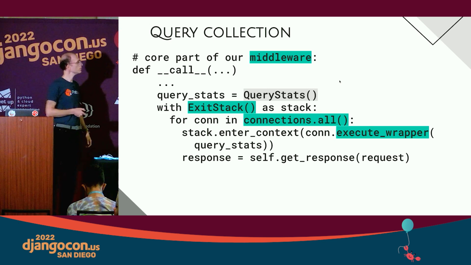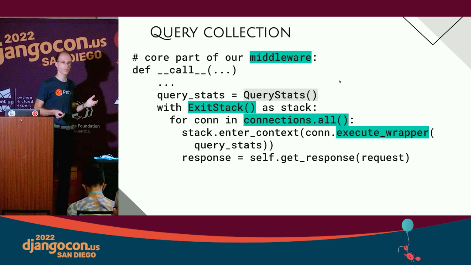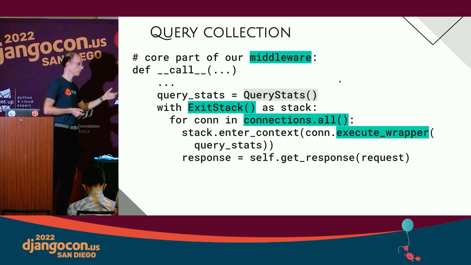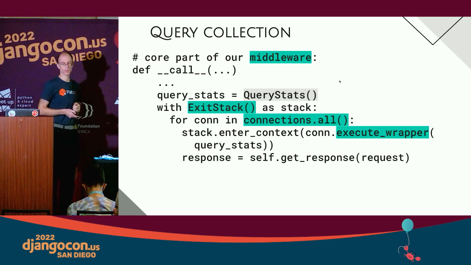And the resulting solution, the core of it, looks fairly simple. There's a lot more to it. I will be sharing, there's a blog post that we just published today, and there's a pointer to an open source reference implementation that you all can look at. But the core concept here is that you have the middleware in the call method.